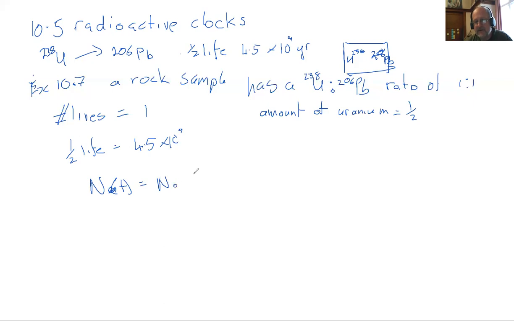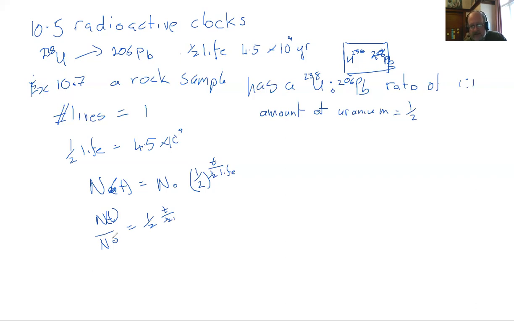N(t) equals N0 times half to the power of n, which is time over half-life. We want to find out t. So you can actually just rearrange that for t. And t over half-life equals log half of the ratio.